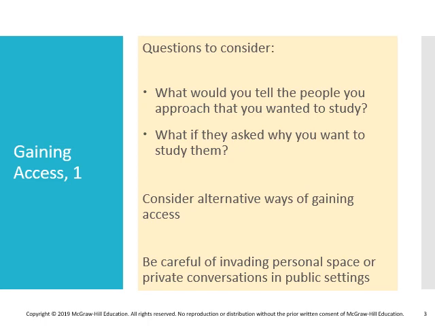So questions that we might want to consider: what will you tell the people that you approach that you want to study? If someone asks you, hey, why do you want to come to my family or watch us or listen to us talk at the dinner table? There must be some compelling good reasons that you will provide to them before the participants give their consent for you to come to their homes. They will ask why you want to study them.